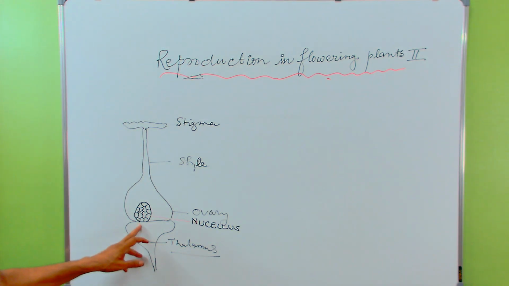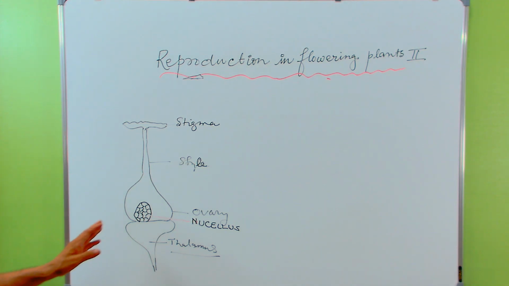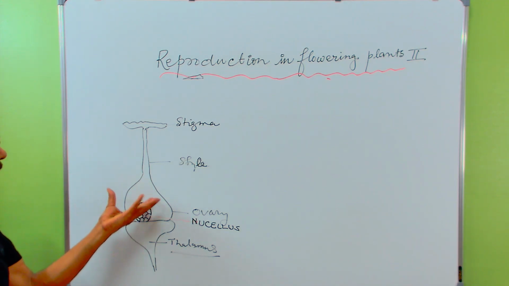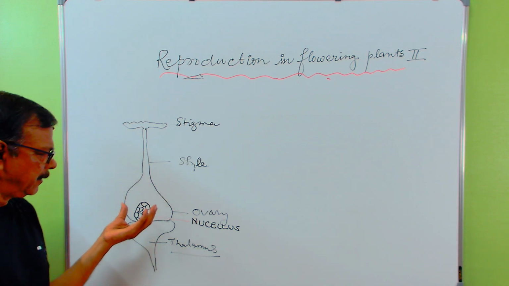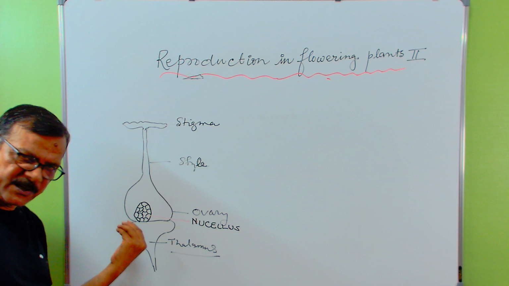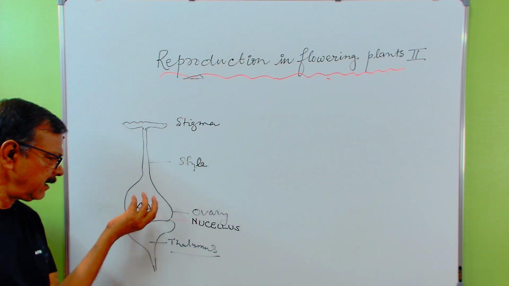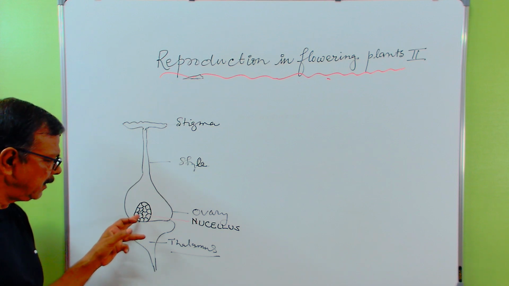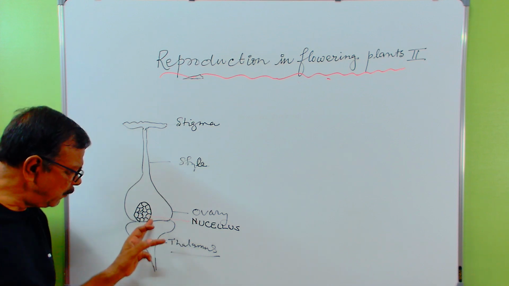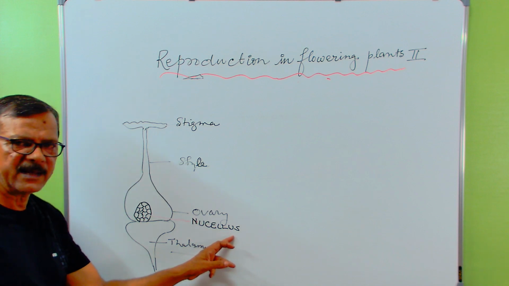It is a protuberance. Clear? This nucellus is growing. This will ultimately form the embryo. That embryo will produce the seed and it will be here, as a seed. So this outgrowth, full of cells, is known as nucellus.